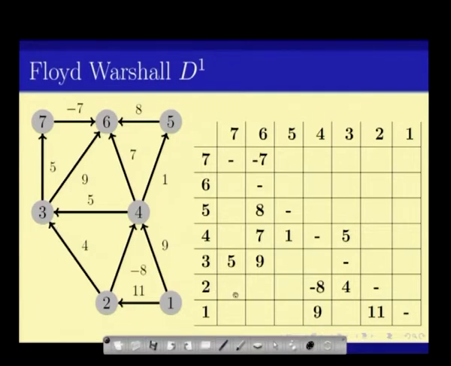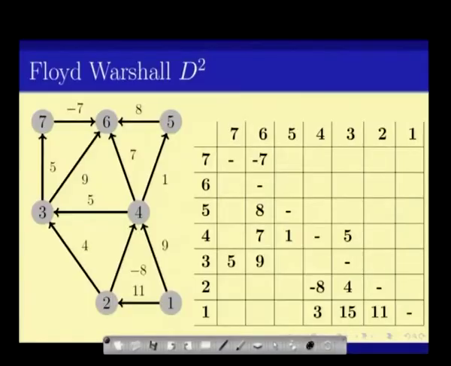So, I will get from 1 to 3 a path of length 15. Similarly, from 1 to 4 I could go from 1 to 2 with a path of length 8, and 2 to 4 with a path of length minus 8, and then I would get 1 to 4 of length 3. Similarly, I can keep on filling this and I get D2.